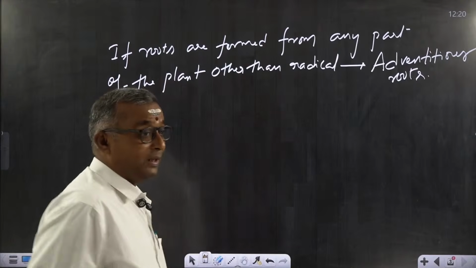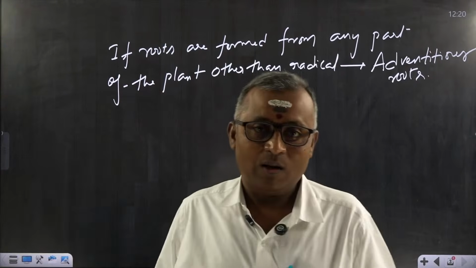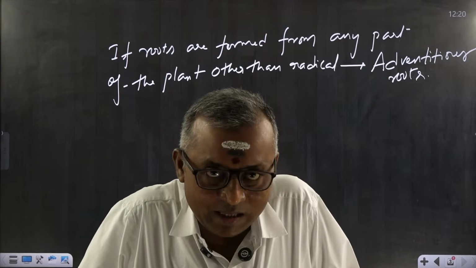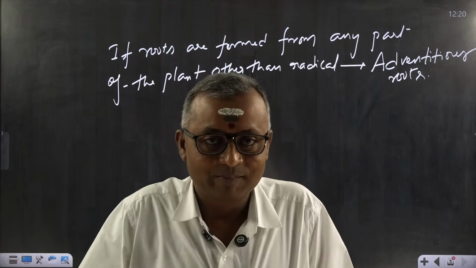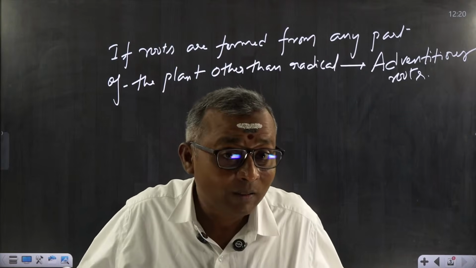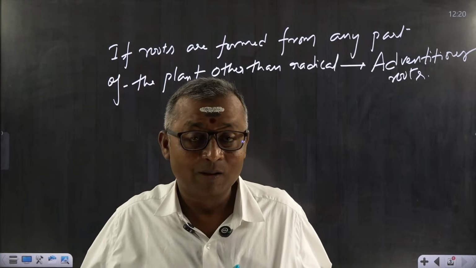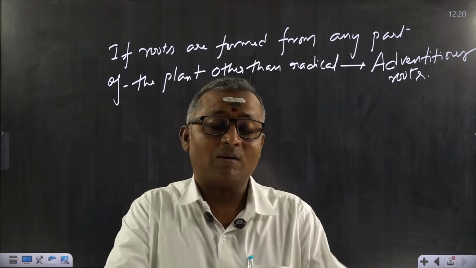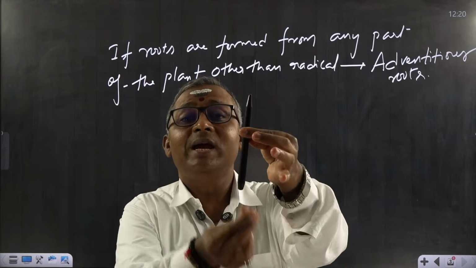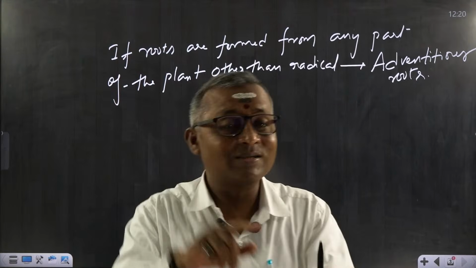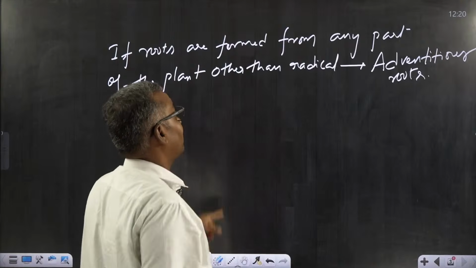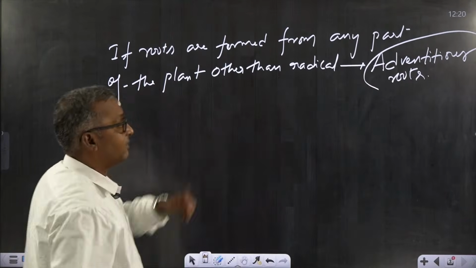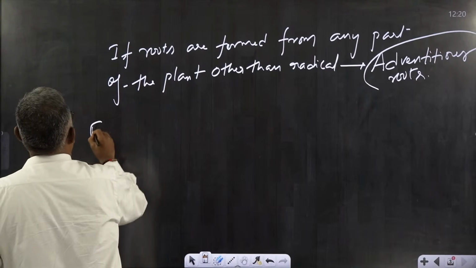So now tell me, what about monocots? In the monocot fibrous root system, does it originate from the radicle or not? It is not from the radicle, isn't it? Why? Because in monocots, roots originate from the base of the stem. Hence, the fibrous root system is also what kind of roots? Adventitious roots.